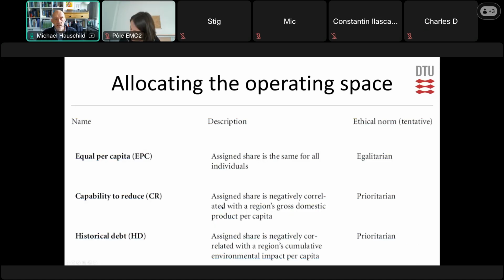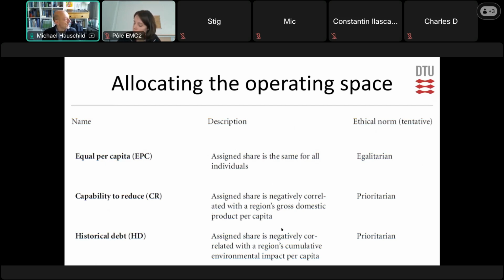Another one could be, yeah, but maybe we shouldn't all have the same space, because some of us need more space than others. Certainly, if we go to the societal level, you can say, well, we have perhaps better facilities for reducing. There are countries that have not yet built up their health infrastructure, transportation infrastructure, whatever, which we have in the wealthy European part of the world.